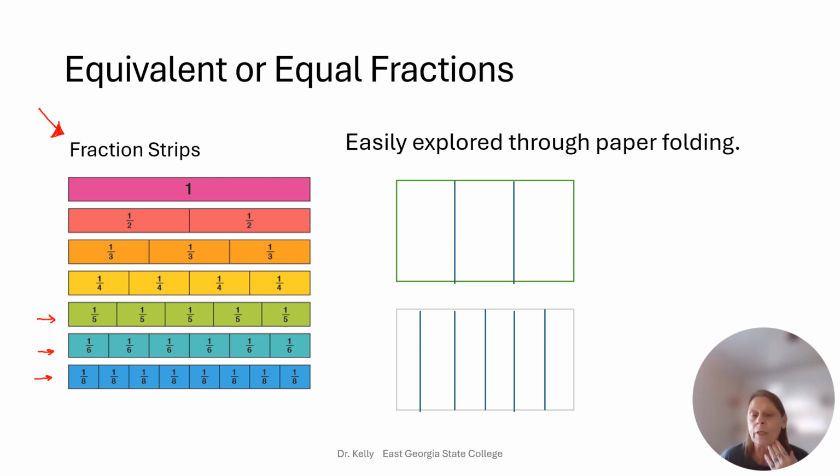For the paper folding, I need you to kind of use your imagination here. On this first example, I'm just going to color in one piece. The thing that makes paper folding so effective is that all the paper is exactly the same size.